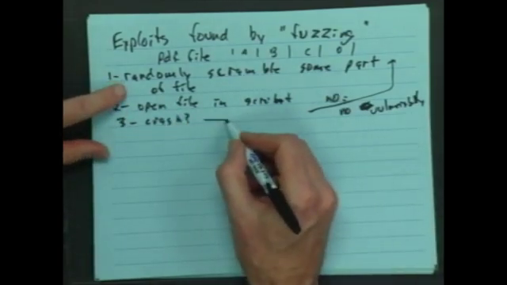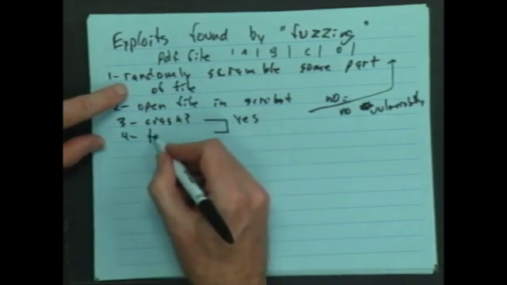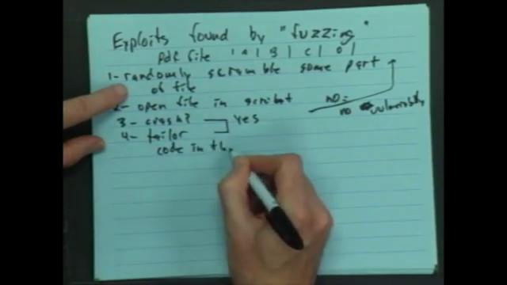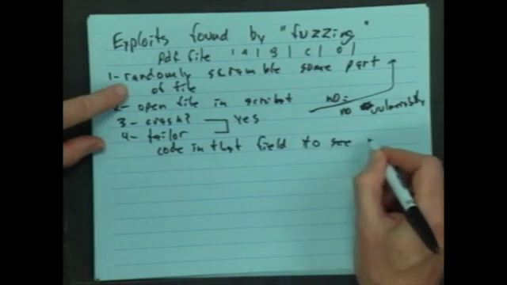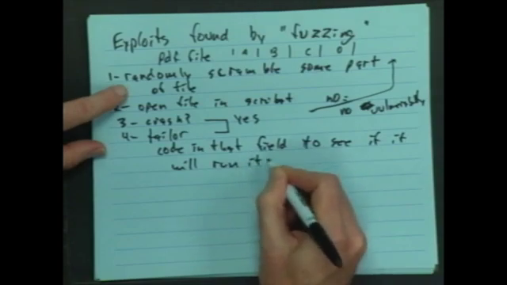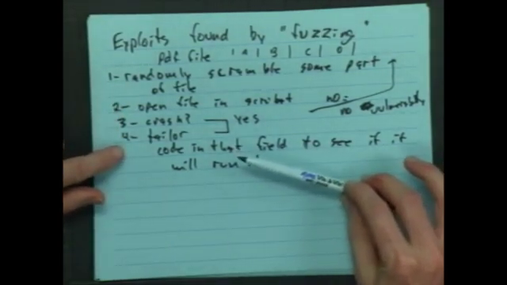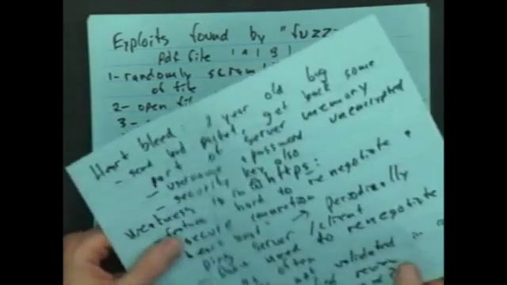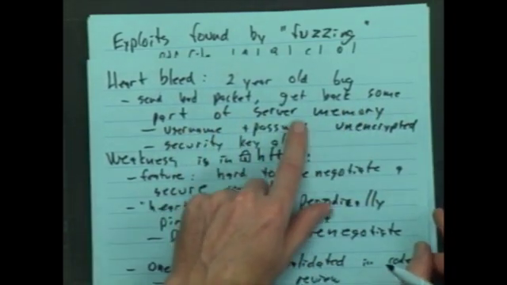If there's a yes, then it's time to tailor code in that field to see if it will run it. And this is where it gets all dicey too, because the operating systems people, we go back to this one, think about the Heartbleed one. Remember, it'll send some part of the server's memory.